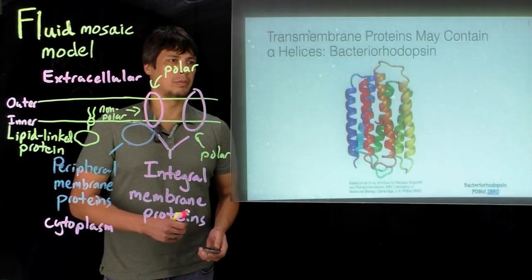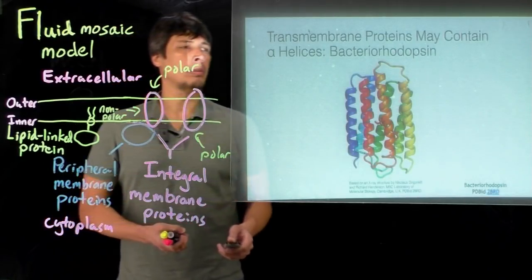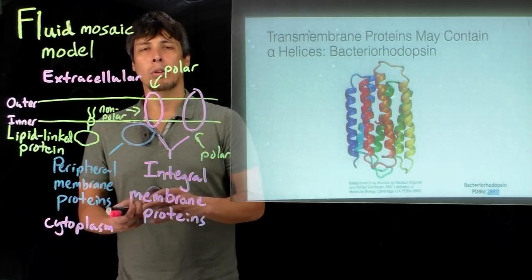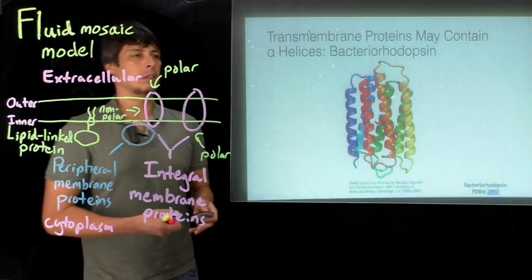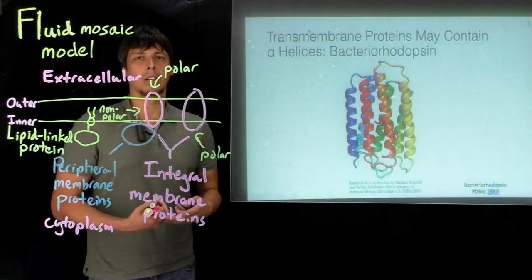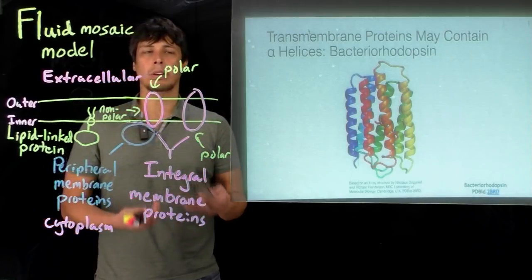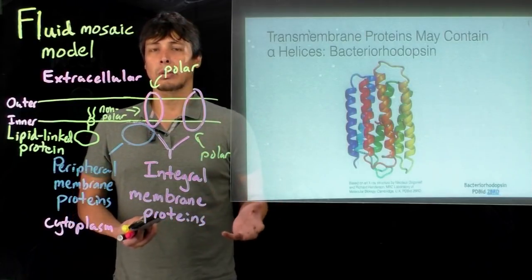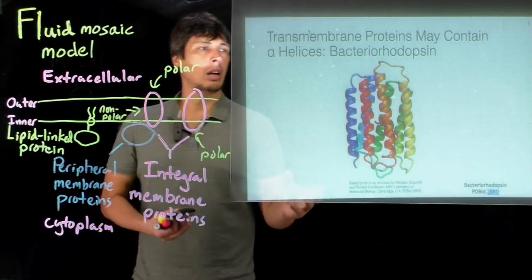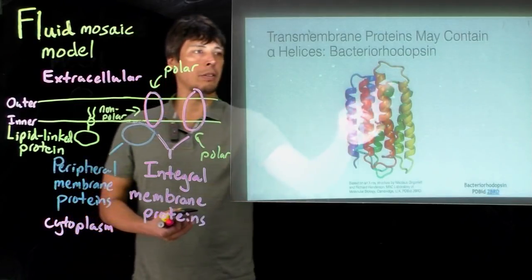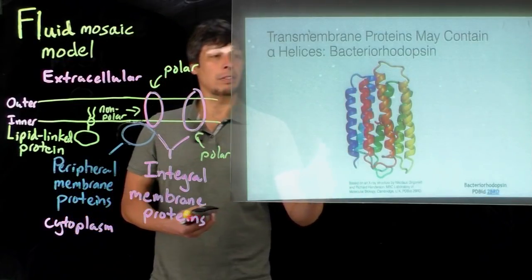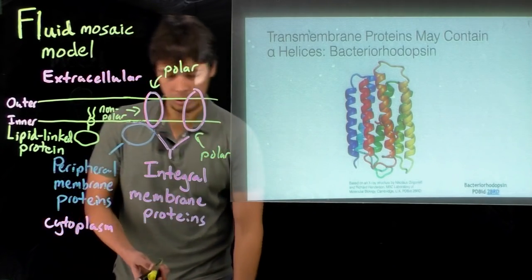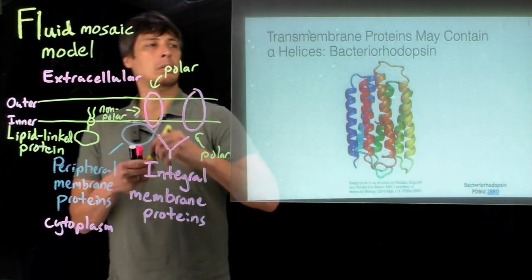Some secondary structures are important for allowing these transmembrane domains. For instance, alpha helices are a common secondary structure seen for transmembrane domains. This is shown for bacteriorhodopsin, an integral membrane protein, which is a bundle of 7 alpha helices that span the membrane and wind through it.